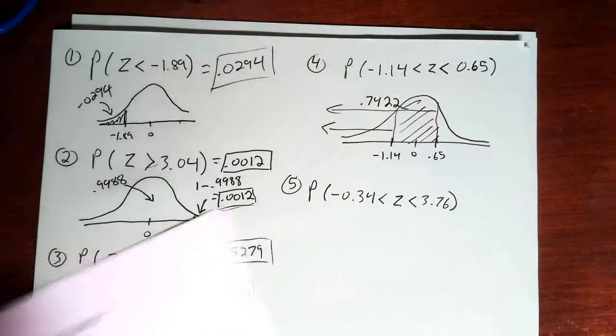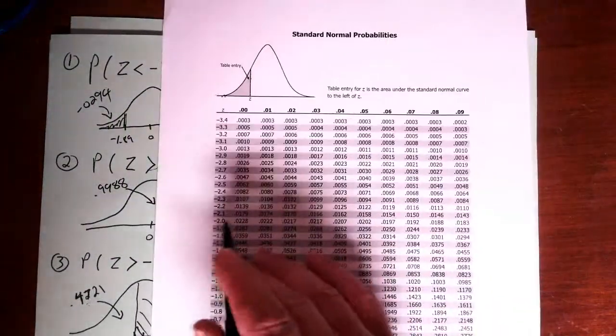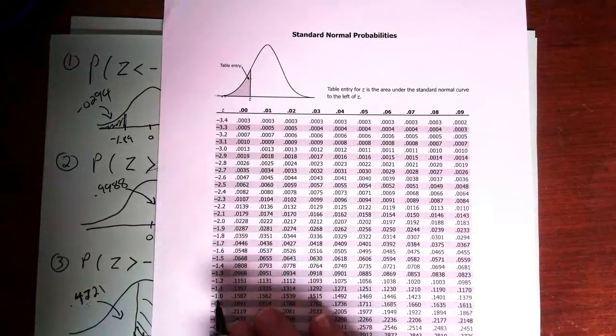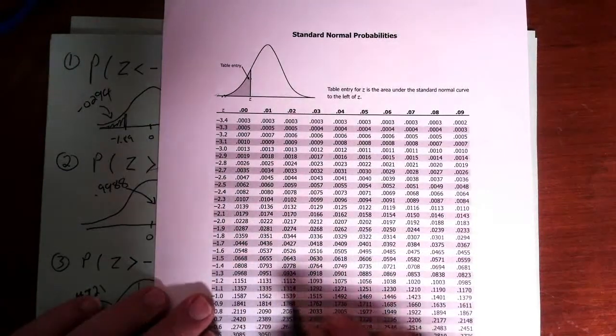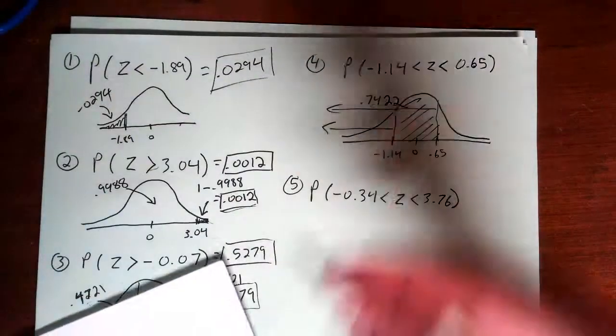And now I look up negative 1.14. So negative 1.1, and then 0.04, and I get 0.1271.